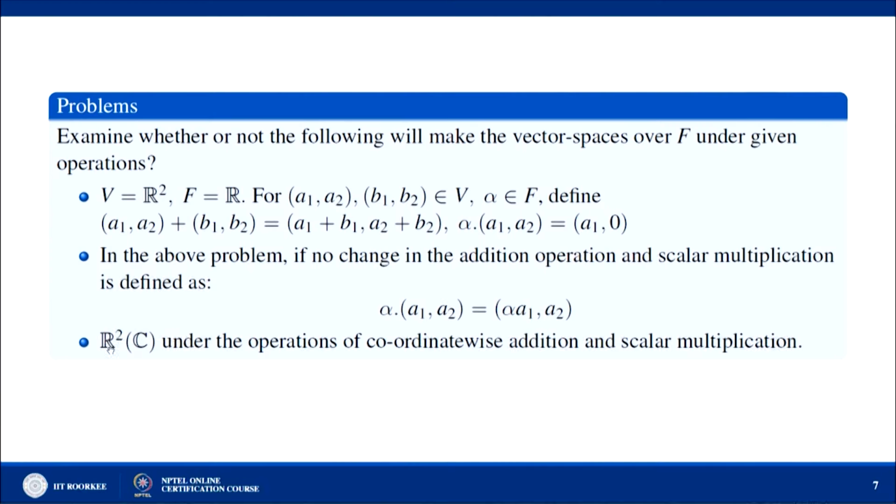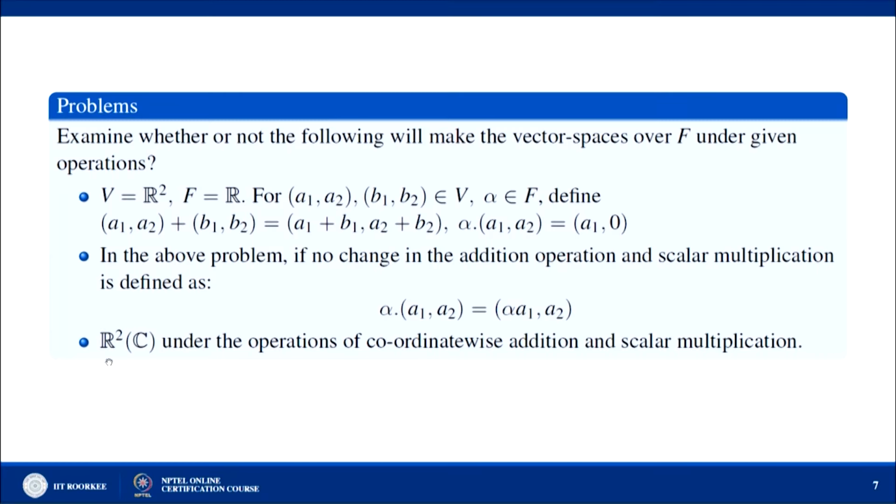Now, if you take R2 over a complex field, it will also not be a vector space, because if you take scalars from the complex numbers and multiply with the real numbers, the result is not in R2, the result will be in C2.